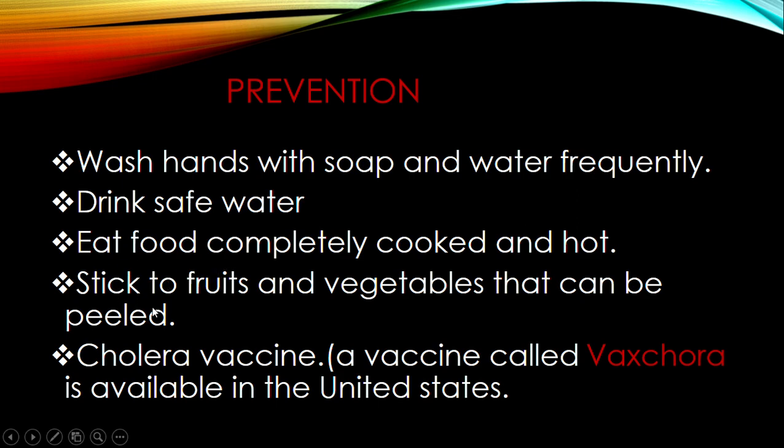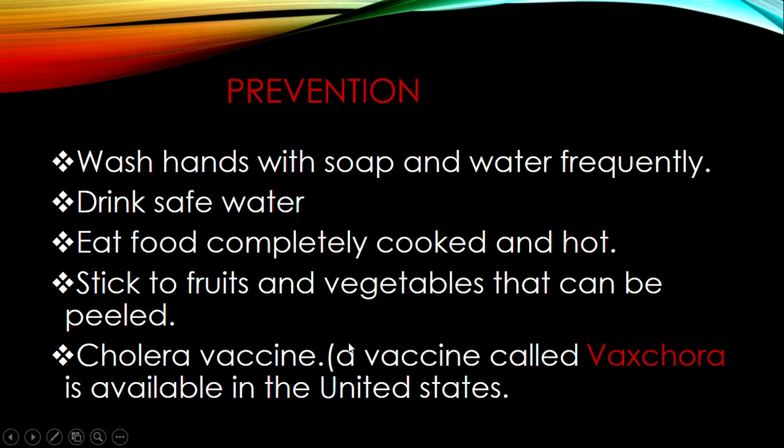Then we should stick to fruits and vegetables that can be peeled. For example, bananas, because we are not eating the cover, the outer part of the fruit; we are able to peel it in order for us to eat the inside part. So those are the kinds of fruits that we should stick to this rain season.